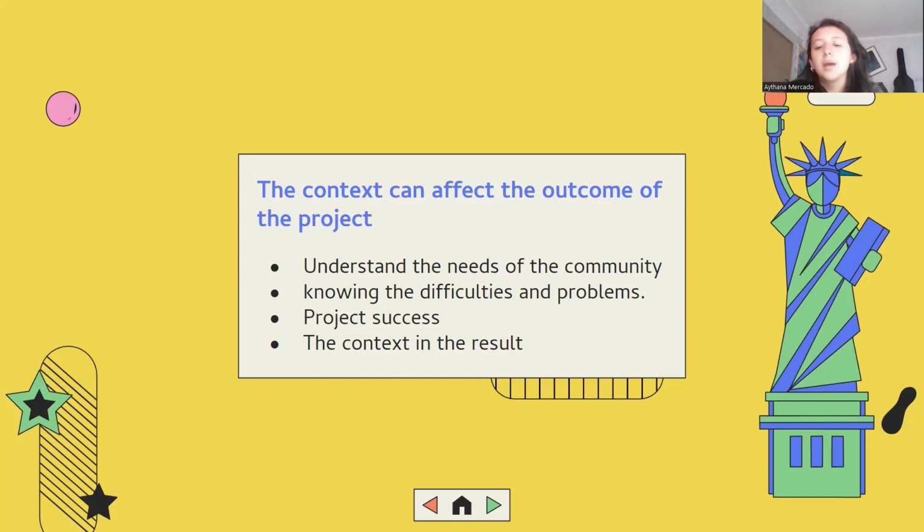And the context can affect the outcome of the project, because if we don't take it into account, we can negatively affect certain members of the community or even the entire community. It is important to talk to the members and learn about their culture, customs, and beliefs, in addition to the factors already mentioned, in order to implement the system and make it functional.